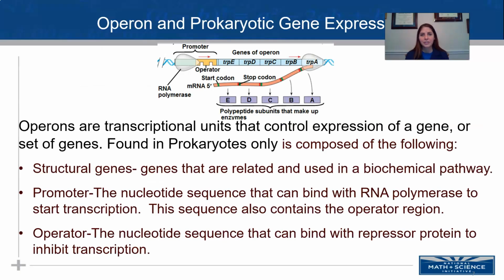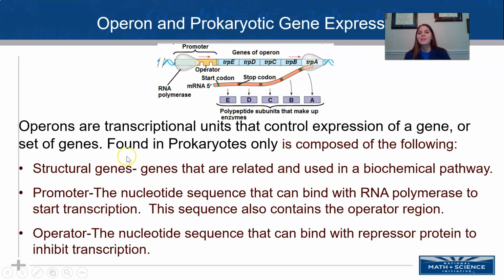So operons are transcriptional units that control the expression of a gene or a set of genes, and they're found in prokaryotes only, and they are composed again of the following. The structural genes, they're going to be up here, and they're related and used in biochemical pathways. That promoter, remember, is going to be like, hey, yo, RNA polymerase, let's go right here.